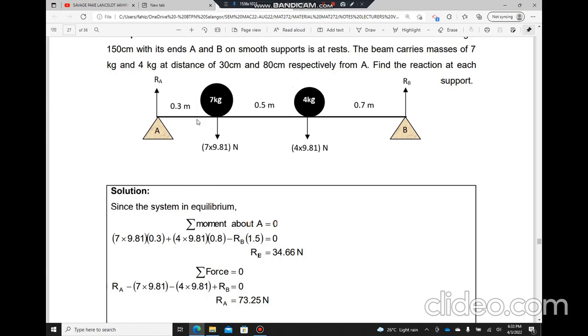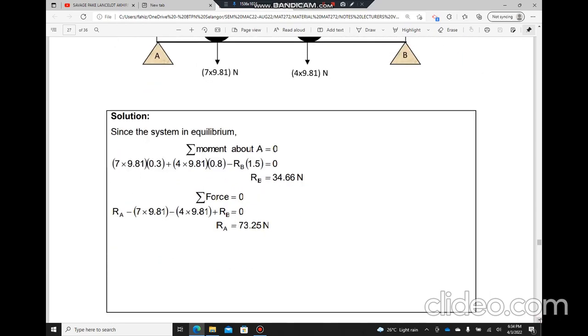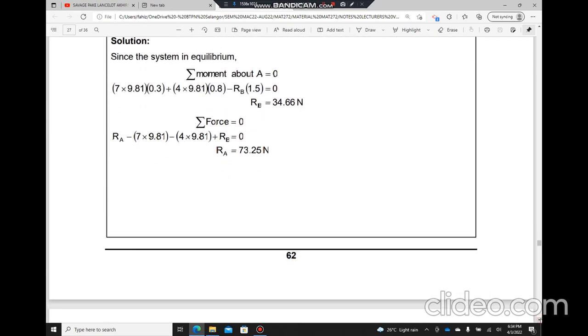Jumlah force ni just tambah sebab moment ni memang formula dia FD, tapi kalau force just ambil semua force. So RA positif sebab dia force ke atas, RB pun dia positif sebab ke atas. Yang ni 7 kg dia ke bawah, 4 kg pun dia ke bawah, so that's why this one is minus kan, tolak, and then you need to multiply by 9.81 sebab dia dalam unit kg kan, so kena tukar pada unit Newton.